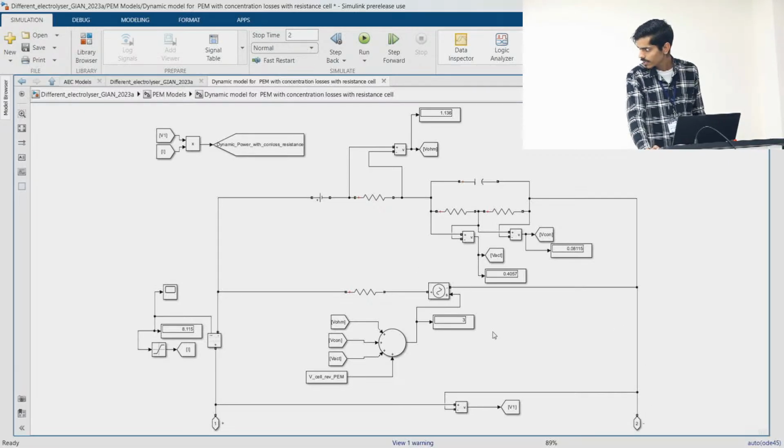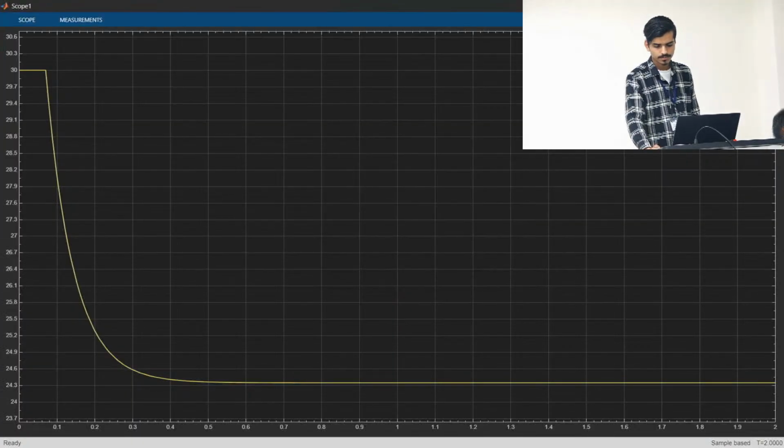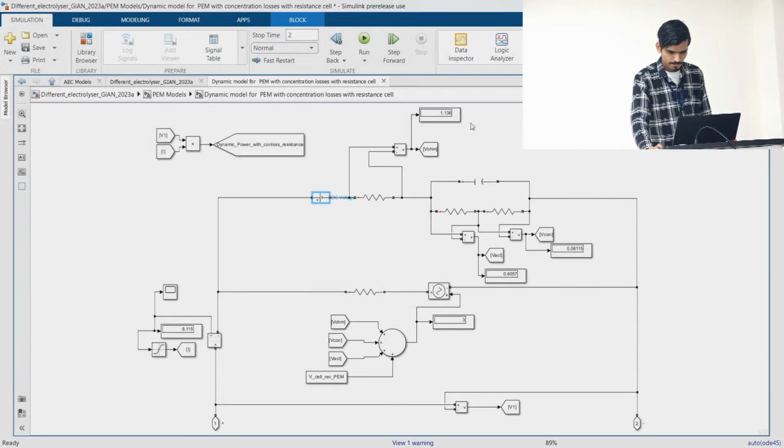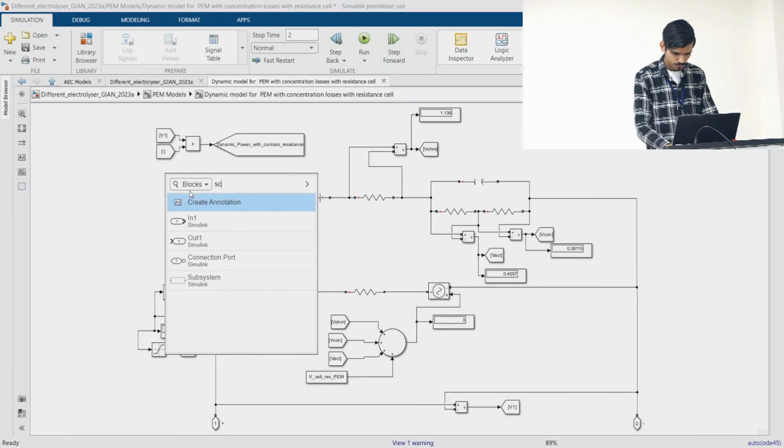This is the cell model. If we want to create the stack model for this also, then we can just replace this value with the cell voltage value. Now I will show you the waveforms.